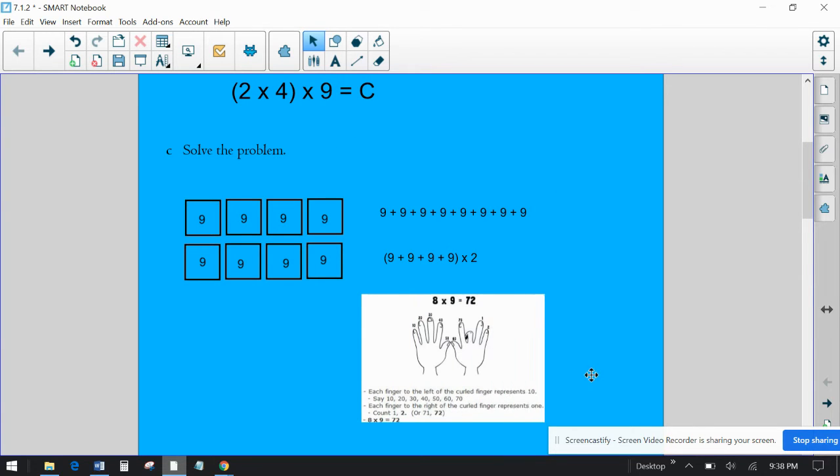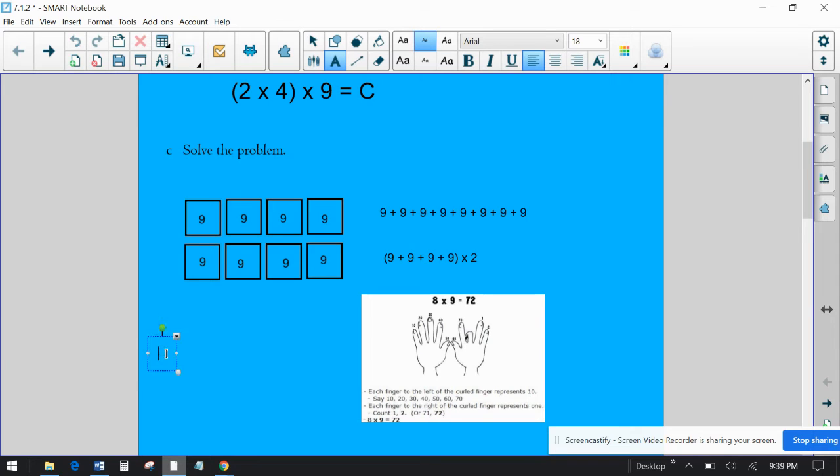And I know my 9s trick. Here's an example of the 8 times 9 and the 9s trick. If you put your hands down and you put your 8th finger down, because this only works with 9 times any of the single-digit numbers, there are 7 on the left and 2 on the right. So the answer is 72.